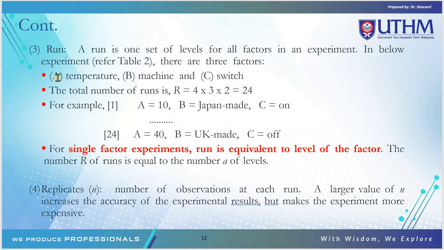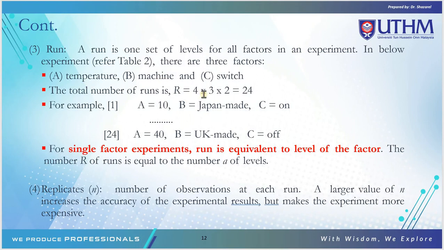So by referring to the factors and their different levels, we can conclude how many runs we have. So how to calculate the run? In this example, we have 3 different factors, and we have several levels for each factor. For the first factor just now, we have 4 levels.